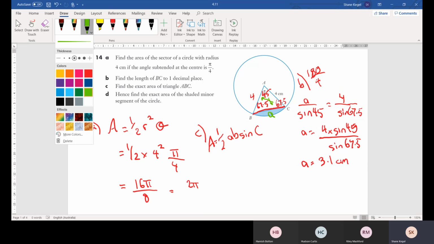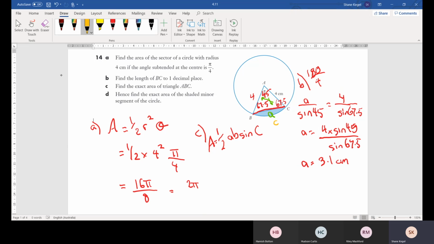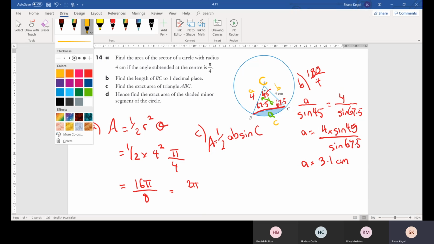And then A and B sides are our 4 centimeters. So let's use this color. So this is going to be length C, which means that that's angle C. So we know the length C, and we also know angle C. And then we also know sides A and B as well, and they're 4 centimeters each.